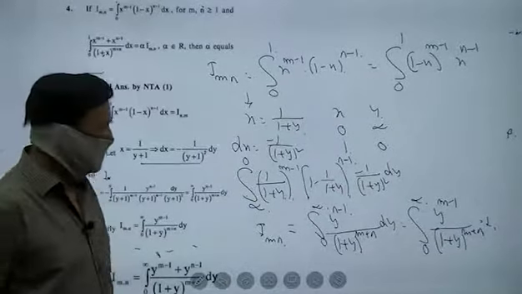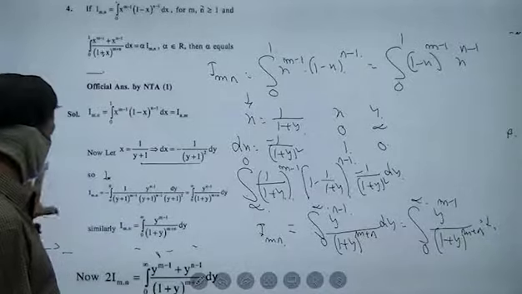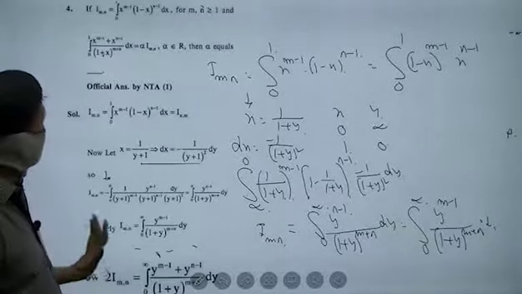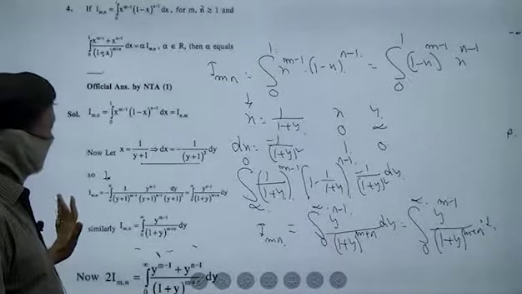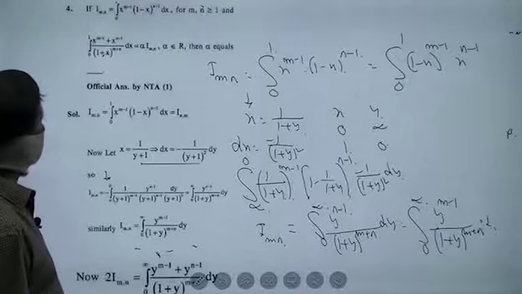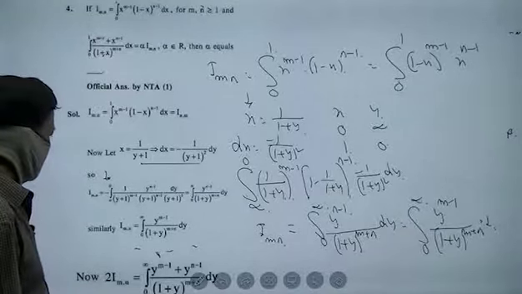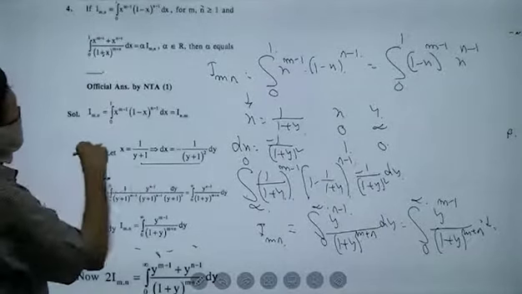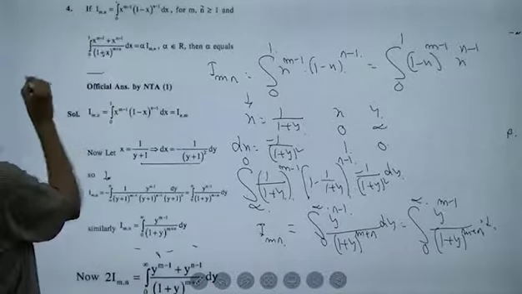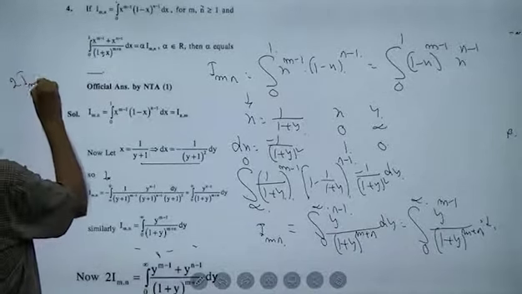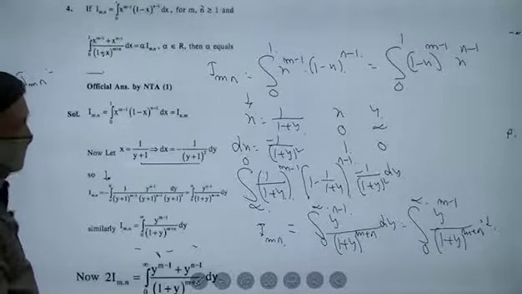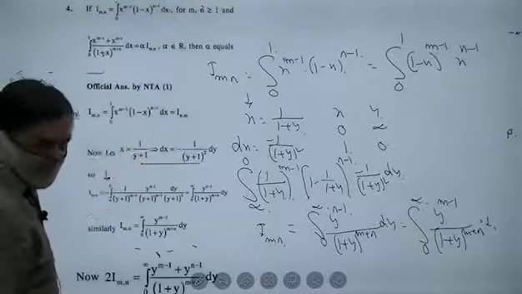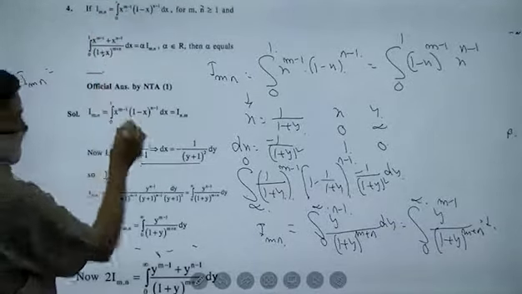Yes, no talking please. Yes, I think you are following this. Now you consider 2Imn. 2Imn will be what? This plus that I can write, which is as good as this plus this.